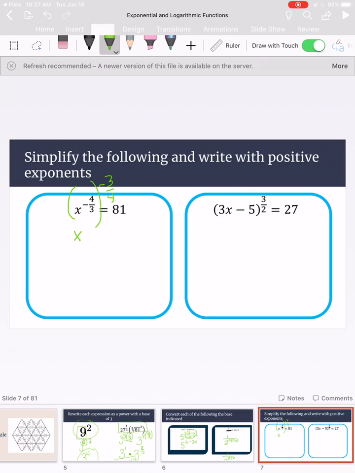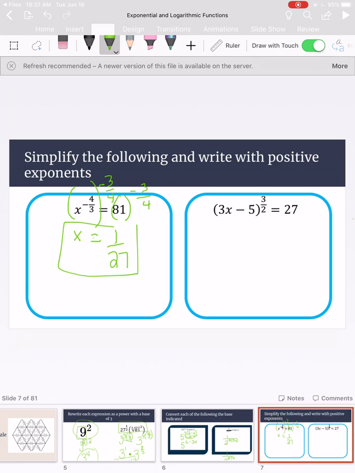Because negative 4 over 3 times the negative reciprocal would just equal 1. But if I do that to the left side, I also need to do it to the right side. So on my calculator, I'm just going to type 81 to the power of negative 3 over 4. And then I'll use my math fraction. I end up with 1 over 27.